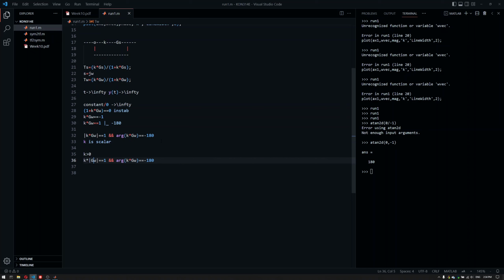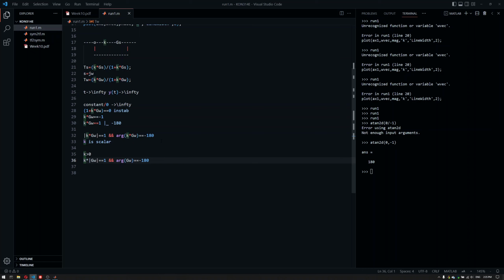So k times g(jω) is that, and we know that the argument of a multiplication can be written as the sum of the arguments of the individual terms. Since k is positive, the argument of k is going to be 0. It's a positive value. If it would be negative, we would end up with 180 degrees or -180 degrees. But since it's positive, we get rid of that. So we have the argument of g(jω) here.